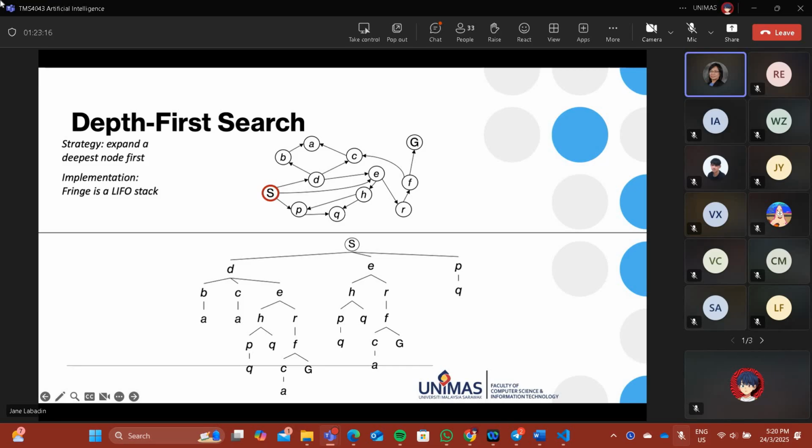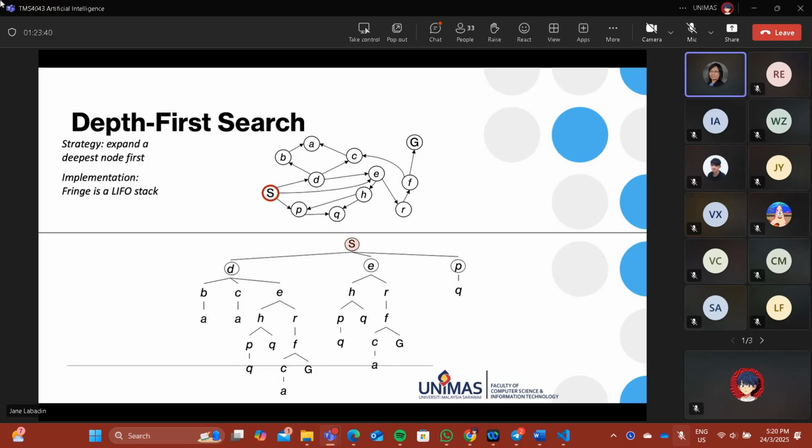And the implementation is where the fringe is a last in, first out kind of stack. So you're putting it into a stack type of data structure.